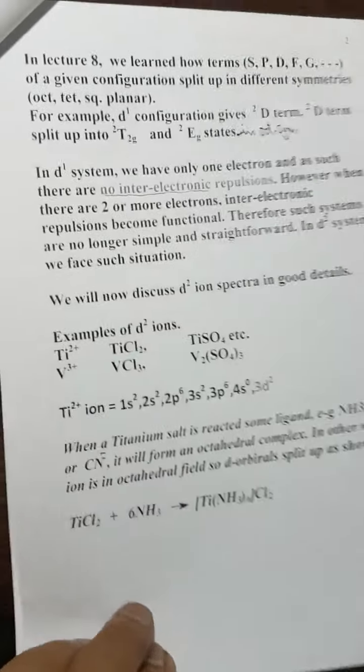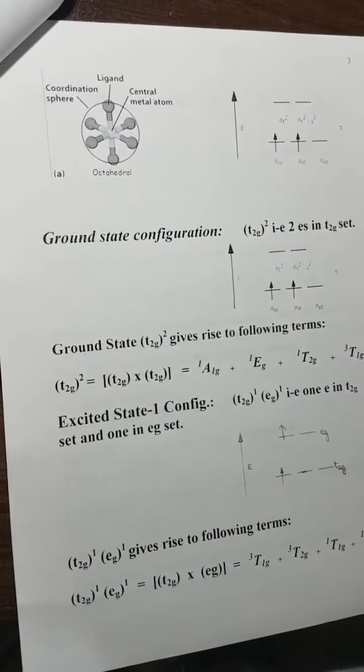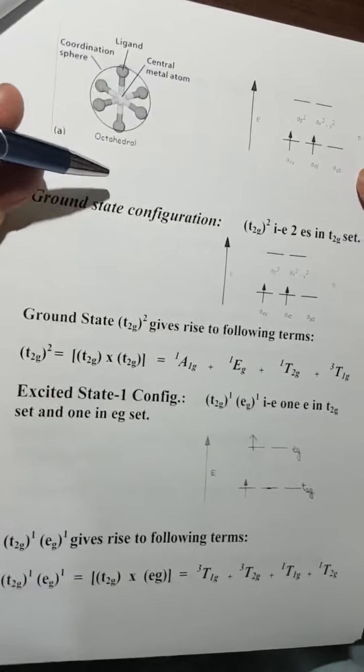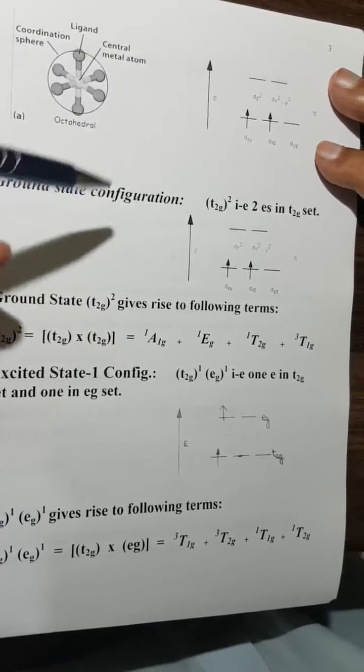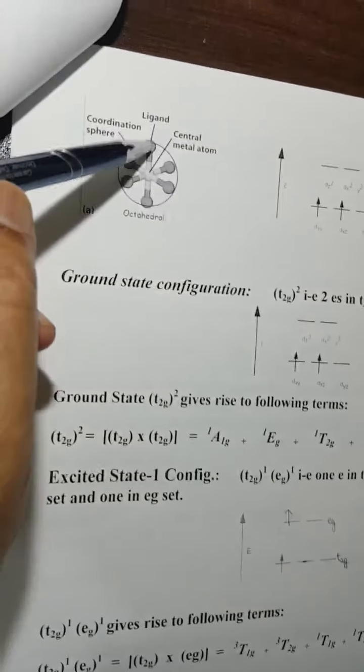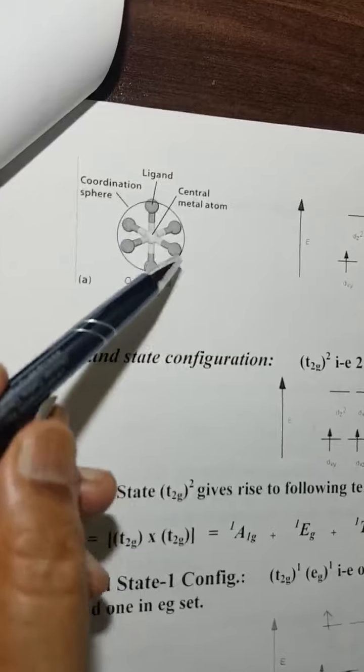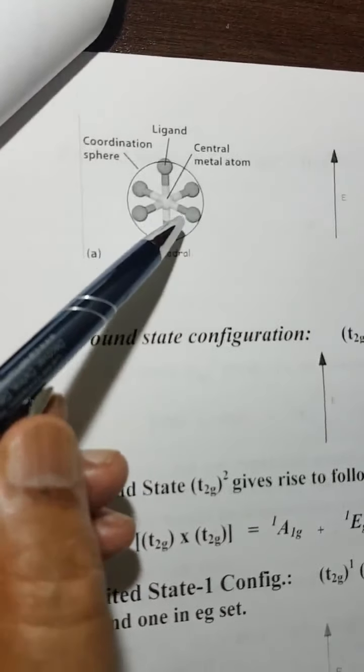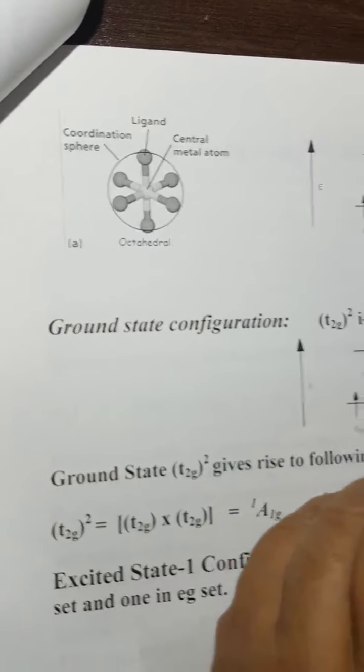I'm showing it here, and this complex looks like this. It's given in the diagram. The ligands are approaching right on the axis. See this, x-axis, y-axis, and z-axis. And now we have 2 electrons.